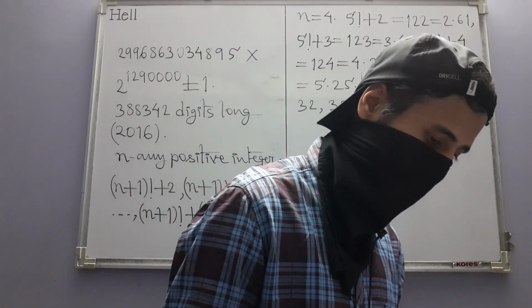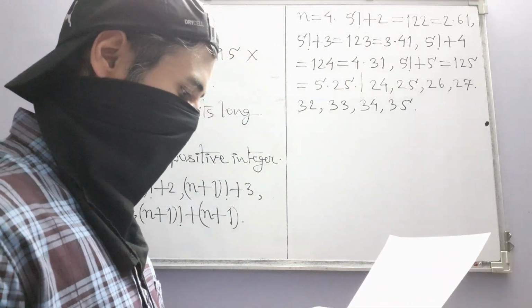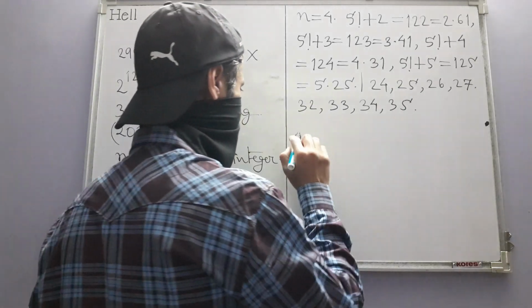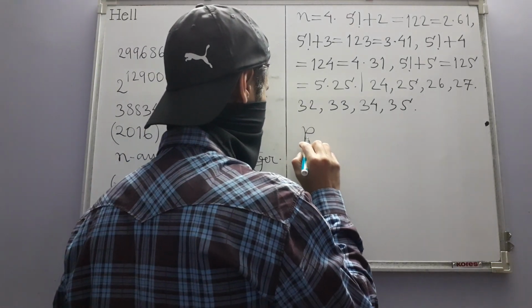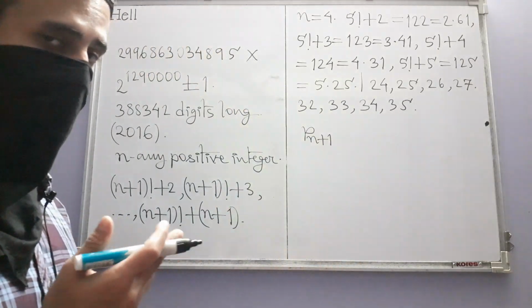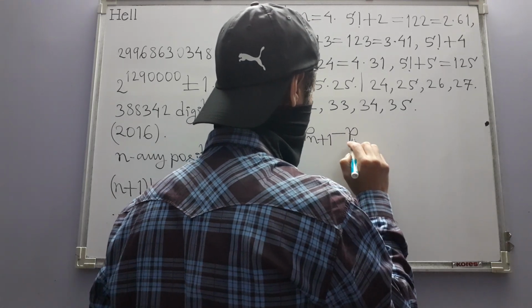So next the author says that a gap of length 778, that is, if Pn denotes the nth prime, then we are talking about this.